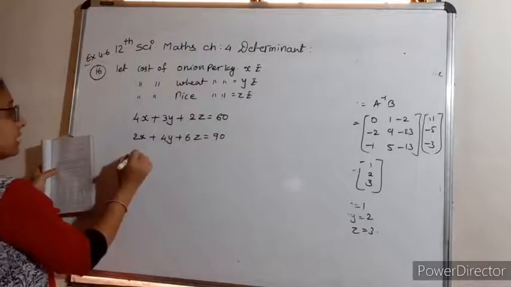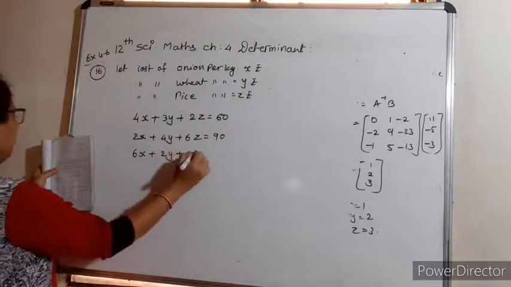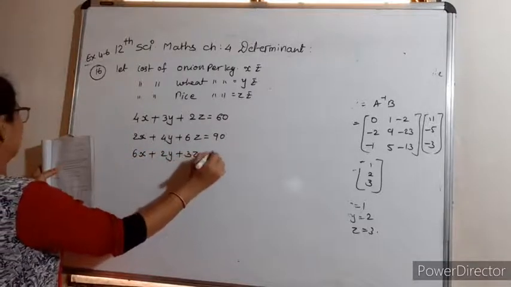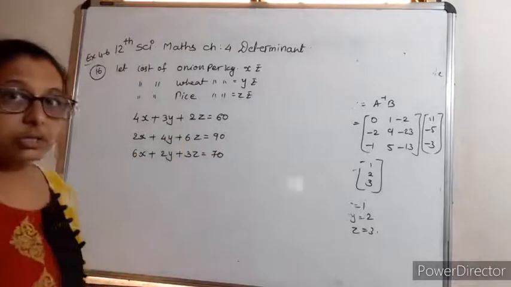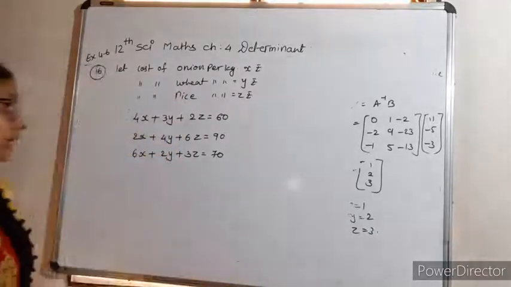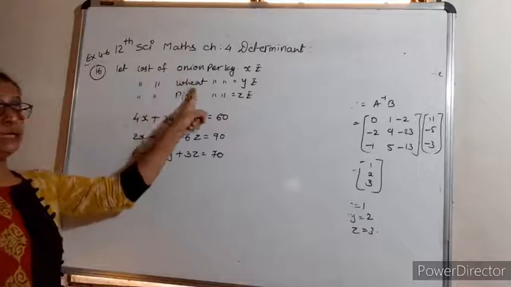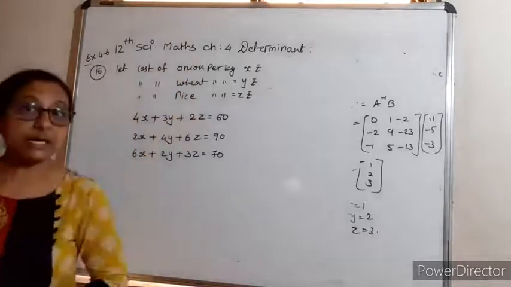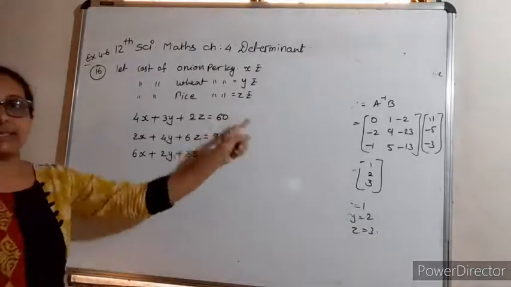The cost of 6 kg onion, 2 kg wheat and 3 kg rice is rupees 70. Then you have to find the cost of each item per kg. So we have to find the cost of 1 kg onion, 1 kg wheat and 1 kg rice. That means you have to solve the equation and find x, y, z.